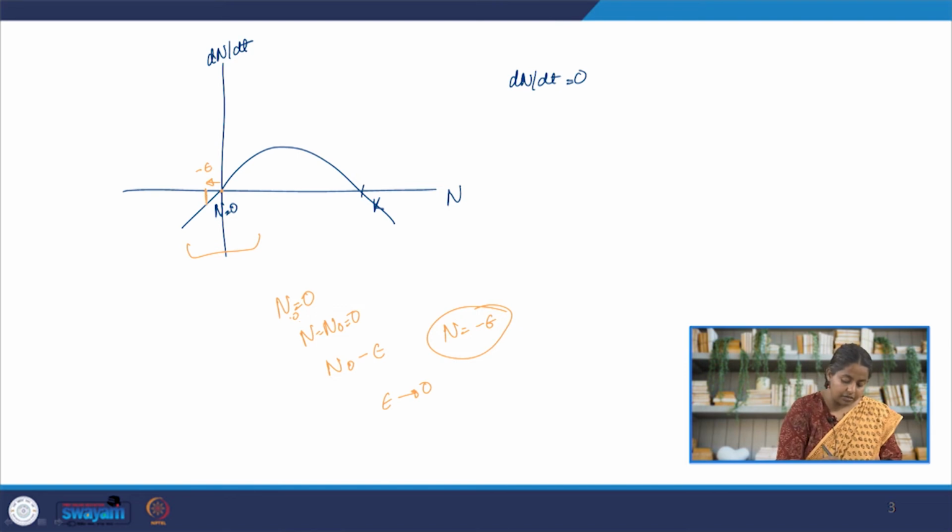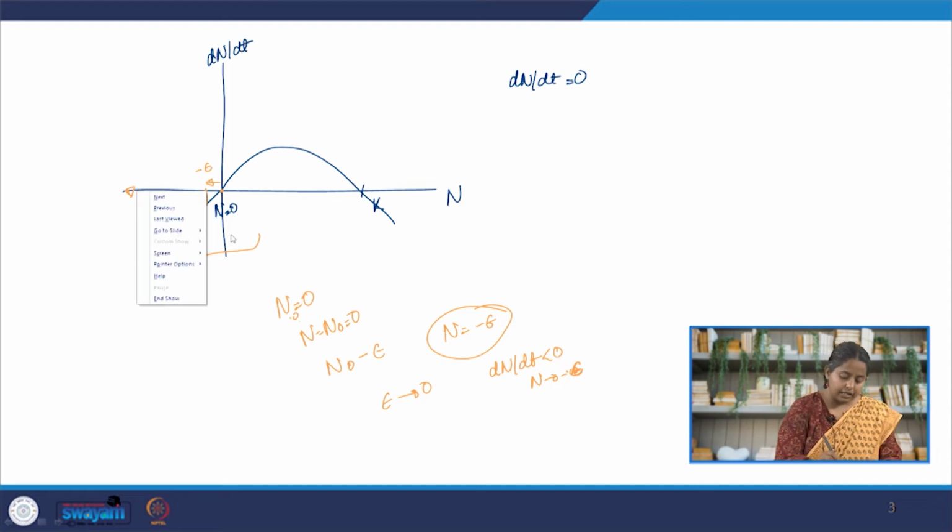Now notice dn by dt at n equal to minus epsilon is negative, which means things are going to move towards the left direction. N is going to reduce, and as n reduces, it moves towards minus infinity, towards the left side of the x-axis. So let's say I have introduced this very small perturbation to the left side, epsilon.